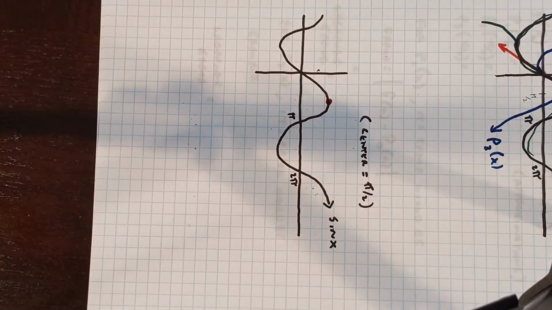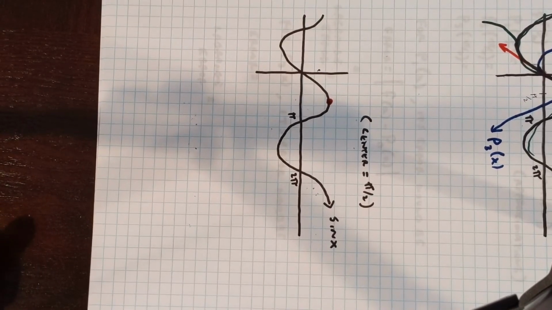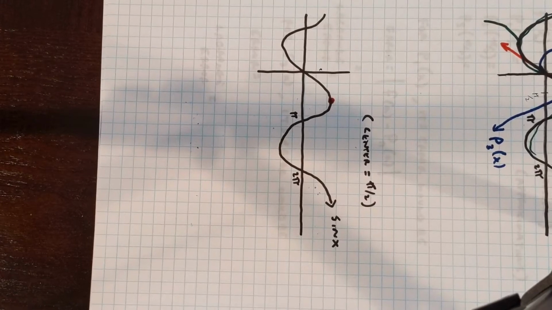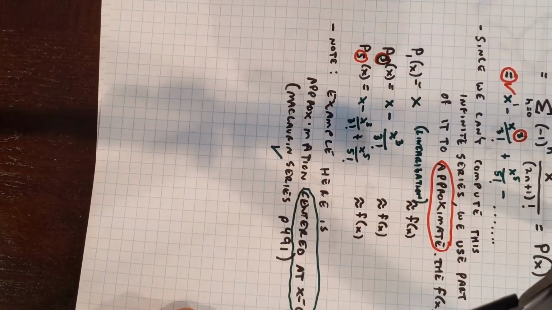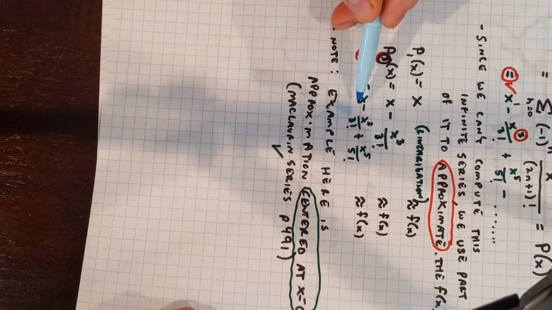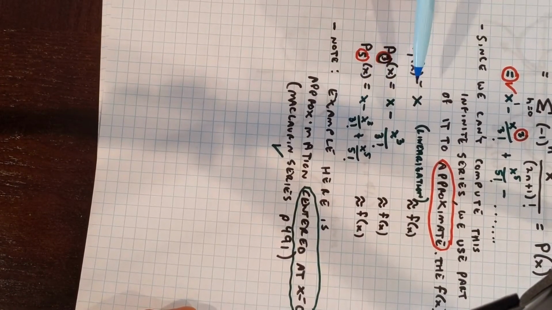Okay, now I'm going to create those polynomials. When I center around pi over 2, the polynomial is not the same as this one. These polynomials were written based on the fact it was centered at 0.